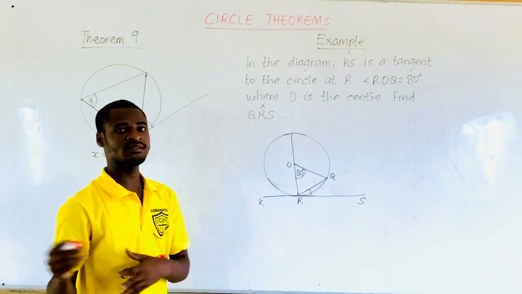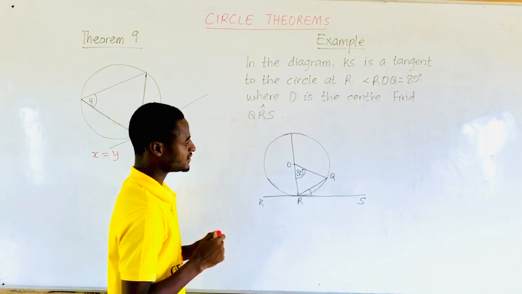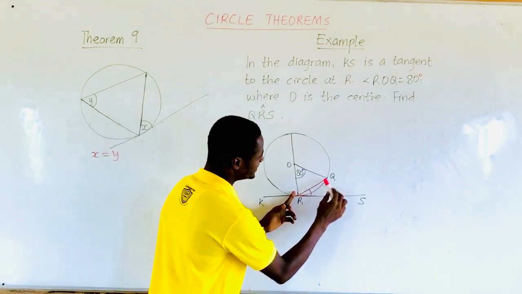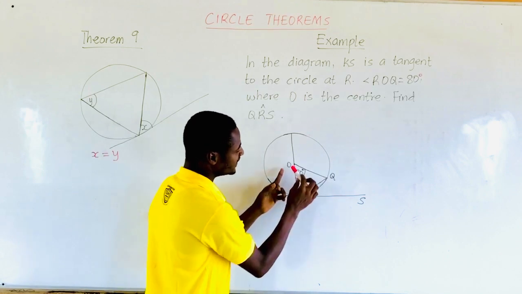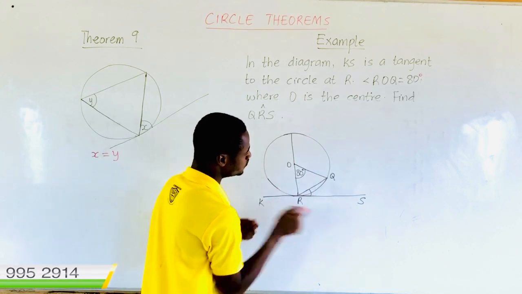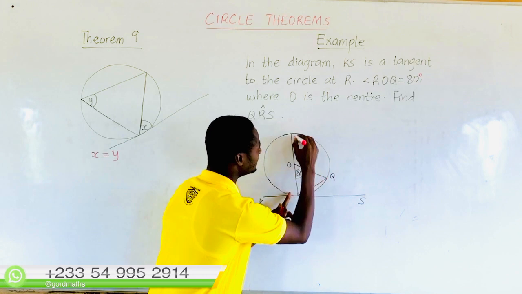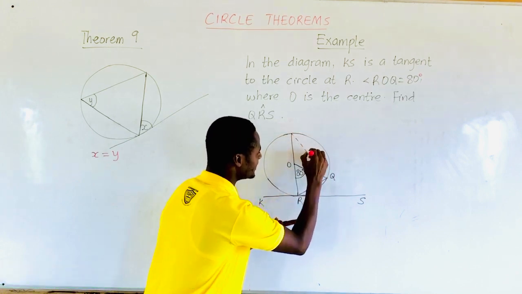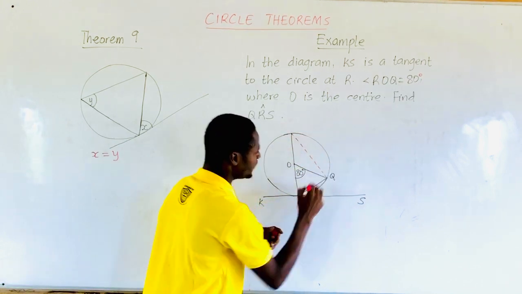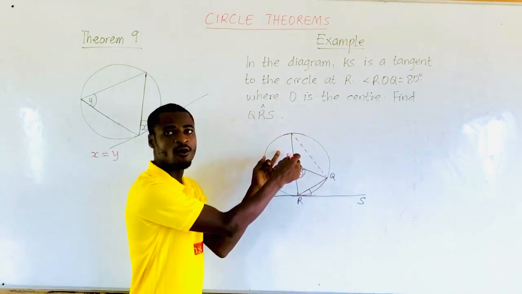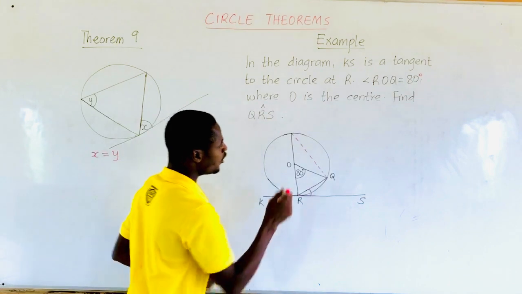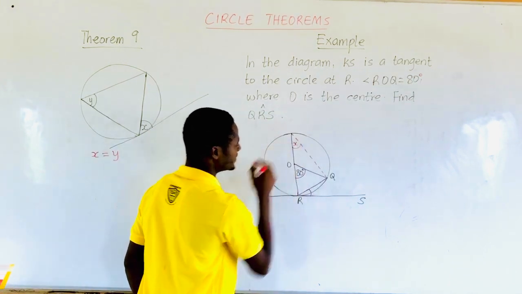Now in the previous theorems, we have learnt that when a chord subtends an angle at the center of a circle, that angle is equal to twice the angle that is subtended at the circumference. So suppose we extend another line from the chord onto the circumference to form an angle and call that angle x.